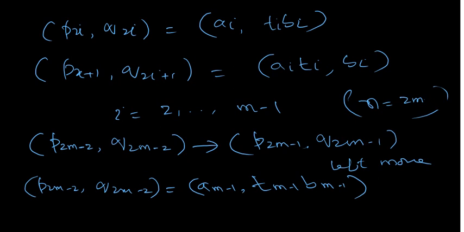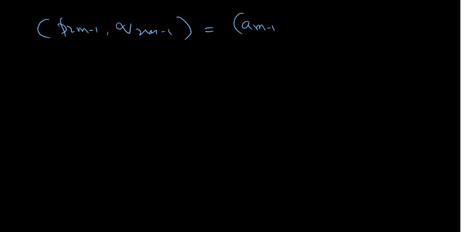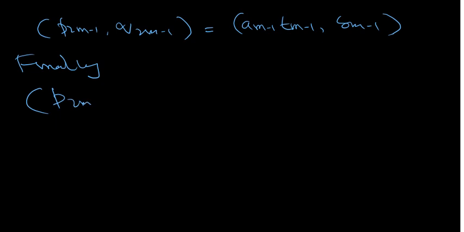So the next element must be equal to P2m minus 1 Q2m minus 1. After applying the transition, this is AM minus 1 TM minus 1, then we have BM minus 1, and finally we have the last transition, P2m minus 1 Q2m minus 1 will go to P2m Q2m.